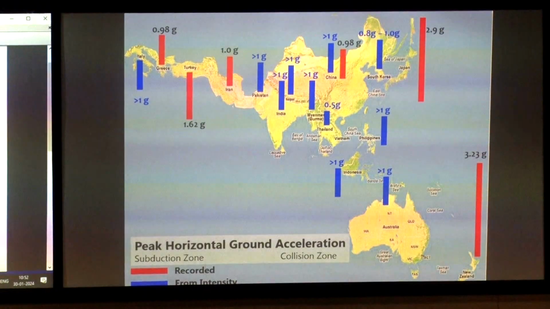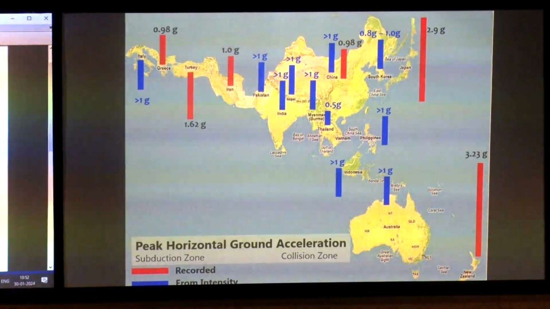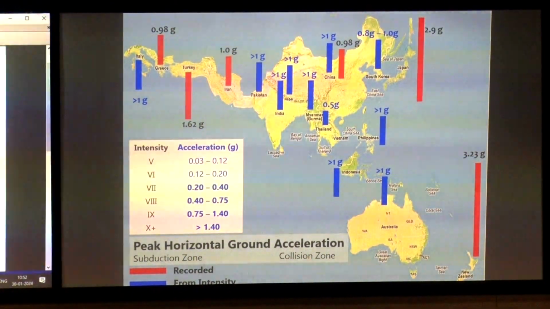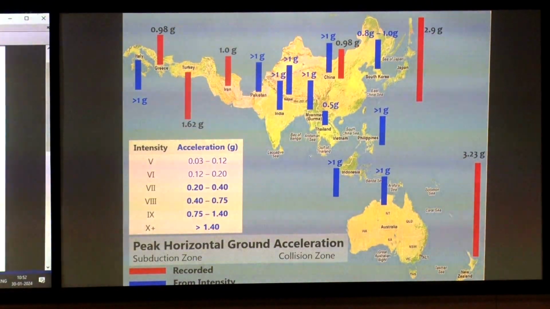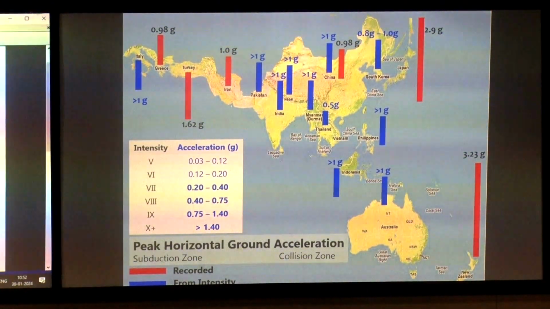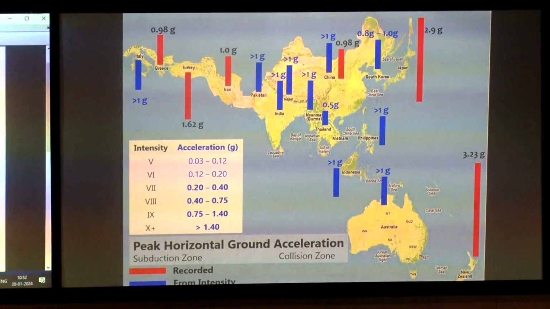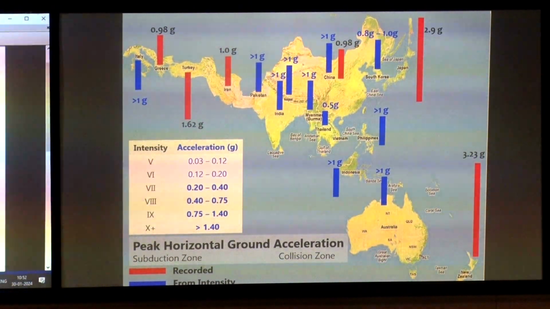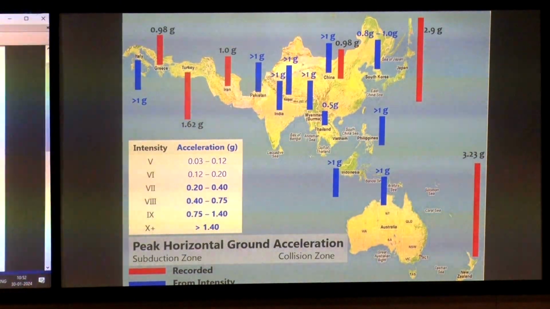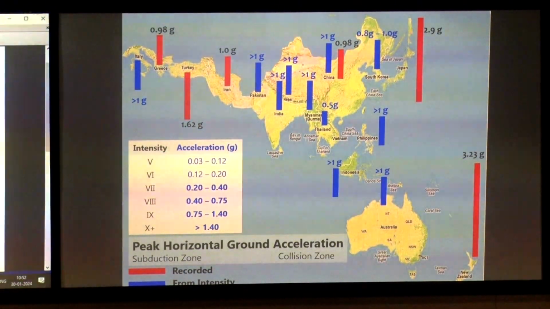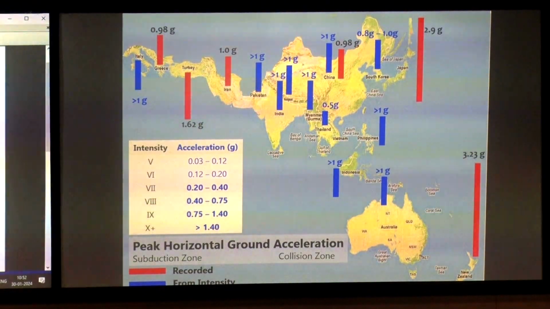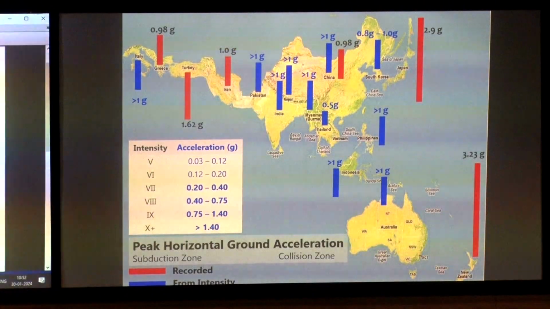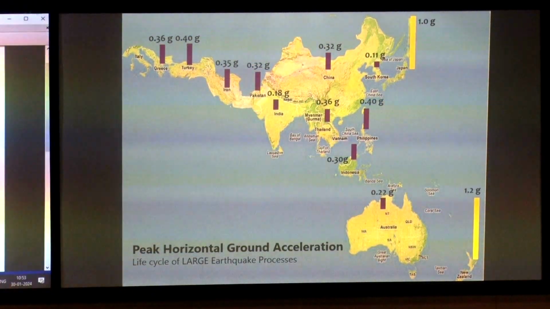And these are all recorded data, so there's no bias in that per se. And obviously it fits well with the generally accepted correlations. So the point is that when we say that the maximum earthquake ground acceleration can be 0.1, 0.2, 0.3, that gives us the first indication that there is a need to look deeper into the whole process.